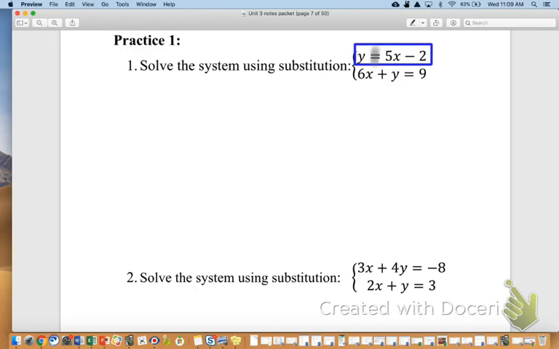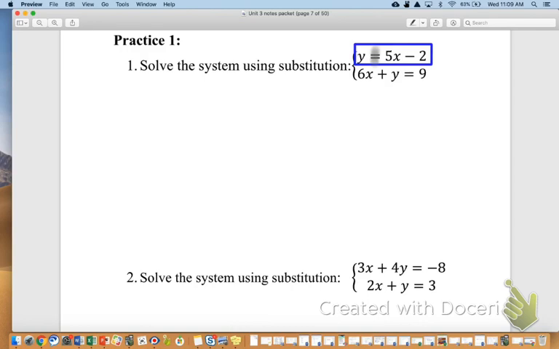So in other words, if I said, hey, I would like to buy your bicycle from you, I'll give you y dollars, it would be the same as if I said I want to give you 5x minus $2. They have the same value. So the y is like sauerkraut, and the 5x minus 2 is like macaroni and cheese. They don't look anything alike. But because of the equal sign, they have the same value.